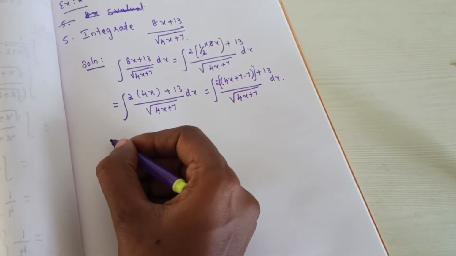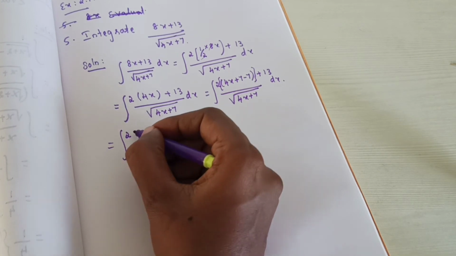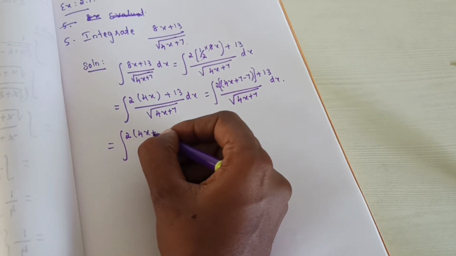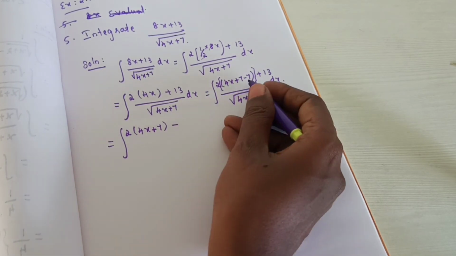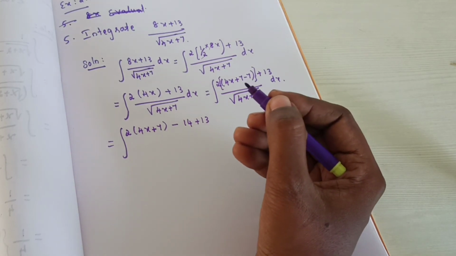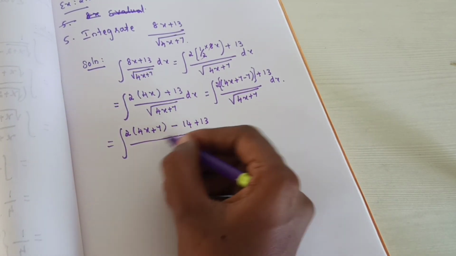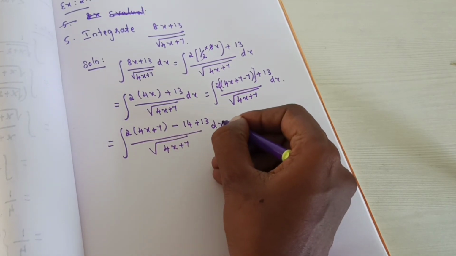Then that's equal to integral of 2 into (4x plus 7), then minus 2 into 7, means how much you will get? 14, plus 13 is there. Understand? Divided by square root of (4x plus 7) dx.